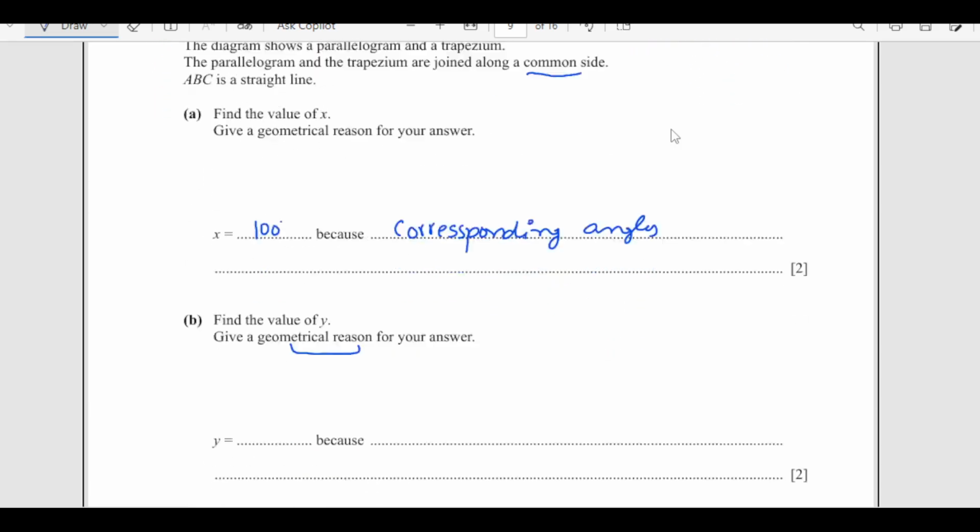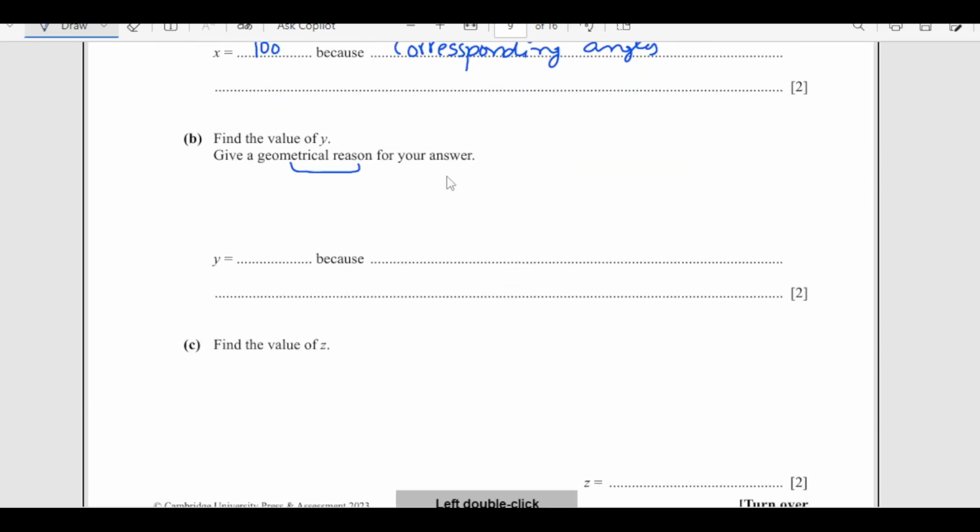So we will have 100 plus y equals 180, and y is equal to 80. 180 minus 100, that is 80. So we are going to write down, we got y as 80, because they are co-interior angles, right? I have already shown how it works. You can show that working also here.